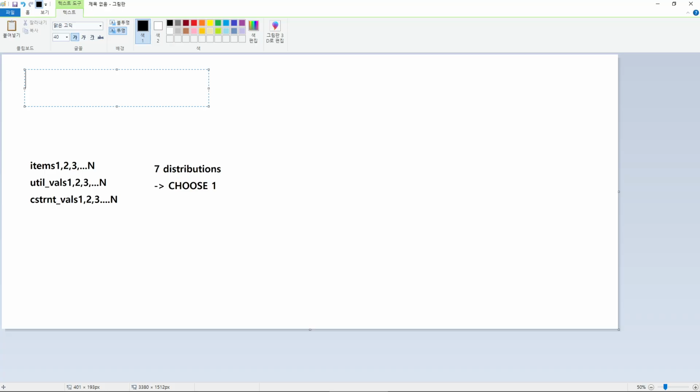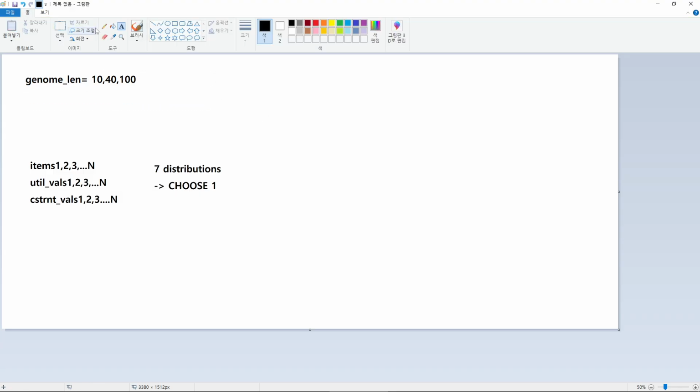I set the length of the genome, for example, genome length. It's 10, 40, and 100, so 3 numbers for that.